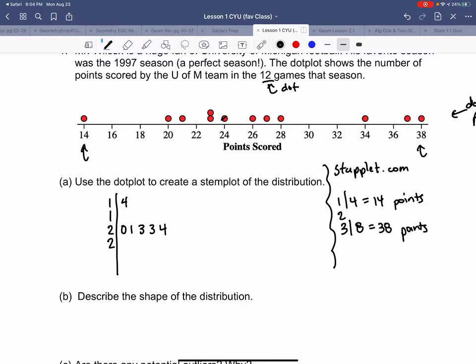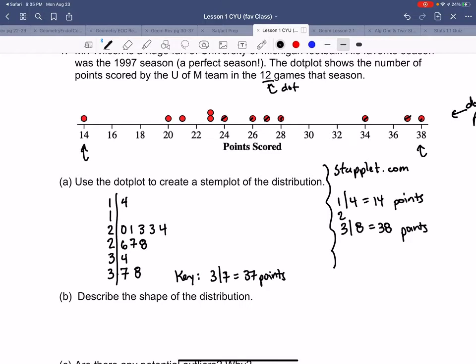And then this would be where I'd start 25, 26, 27, 28. And it jumps up to 30. I could have 34. And then the upper part of the 30 range, it looks like I have 37 and 38. So my key is that 3|7 is 37 points scored in the game.